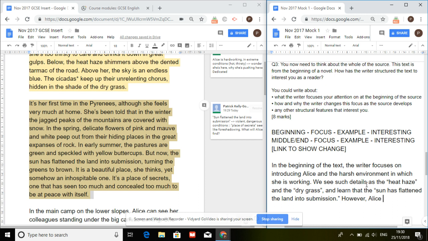So Alice continues to work in these conditions despite being thirsty. Okay, so there's all my evidence. This is all the things that I learn that prove this point here.